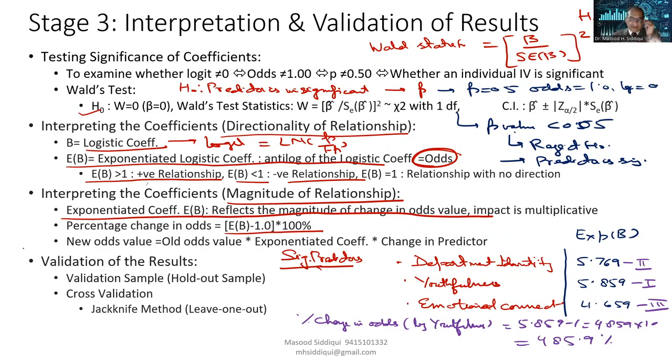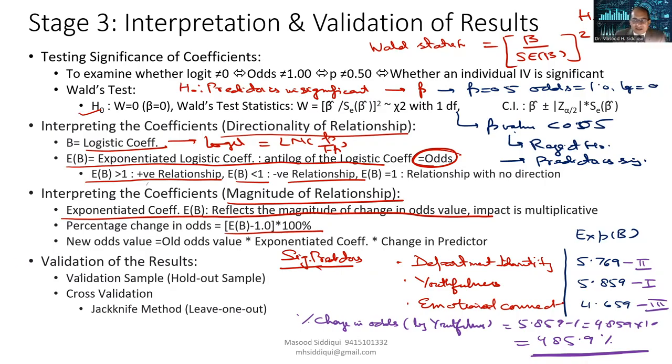It means if we change the youthfulness by 1 unit, there will be a change in the odds in the same direction by 485.9. Means if we increase the youthfulness by 1 unit, the percentage change in the odds in favor of likeliness would increase by 485.9%. Okay. So this is the interpretation. Now you can interpret the other values also, right?